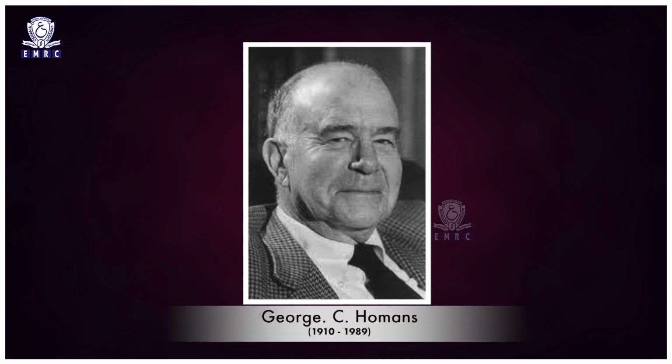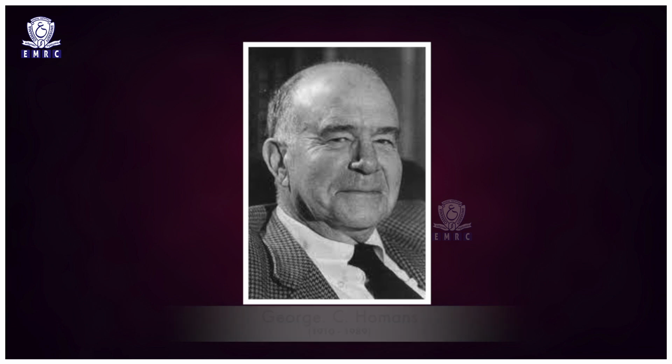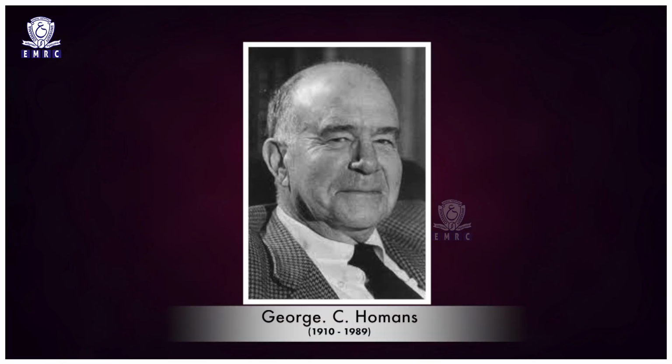A few years after the publication of Social Behavior in 1958, George Homans candidly admitted that he was not wholly satisfied with the clarity of the exposition of the book's thesis. Homans admitted that he had handled rather clumsily the topics of status and power.